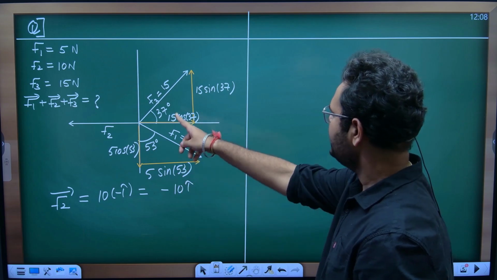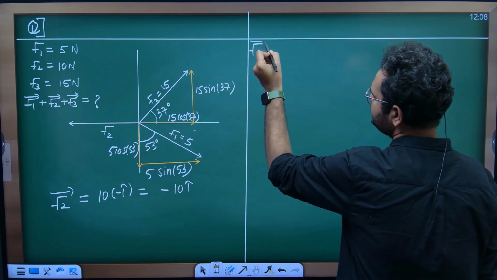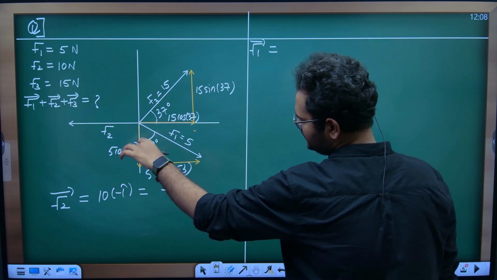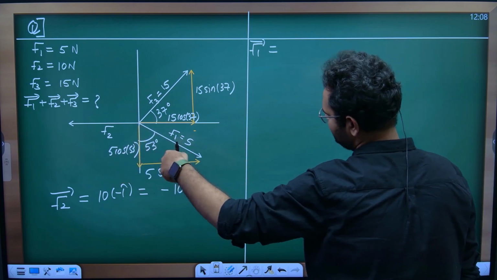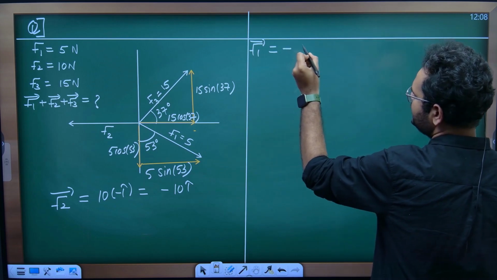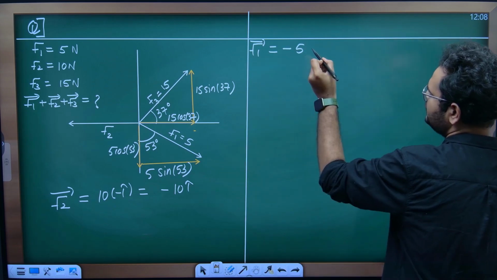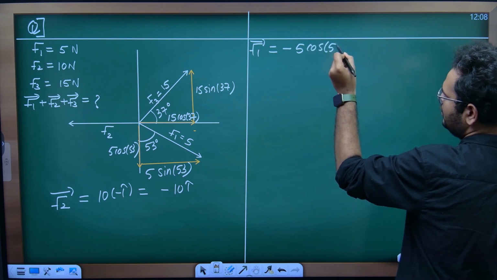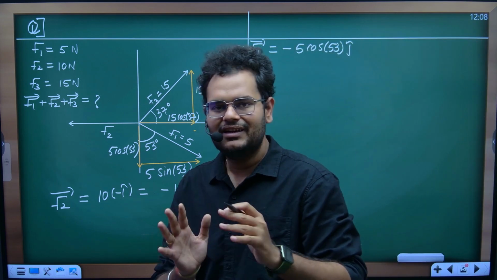Can we write f1? Yes. f1 vector is equal to, directly I will write. First in minus y. Minus y is 5 cos 53. So I will write minus 5 cos 53. What is the value of cos 53? You tell me. First we'll write cos 53 j cap. To avoid confusion, instead of writing minus j, I'll directly take a minus outside.